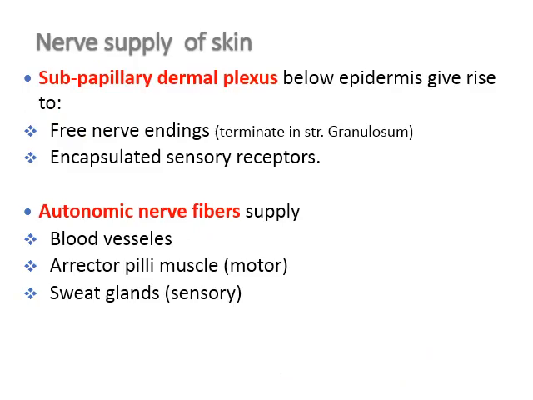Regarding the nerve supply of the skin, it either dermal plexus present subpapillary, dermal plexus present below the epidermis, which gives rise either to the free nerve endings which terminate in the stratum granulosum, or the encapsulated sensory receptors. Like what? Please answer this question. The second type of nerve supply of the skin, which is autonomic nerve supply, supplies blood vessels, muscles, which is erector pili muscles, and sweat glands.